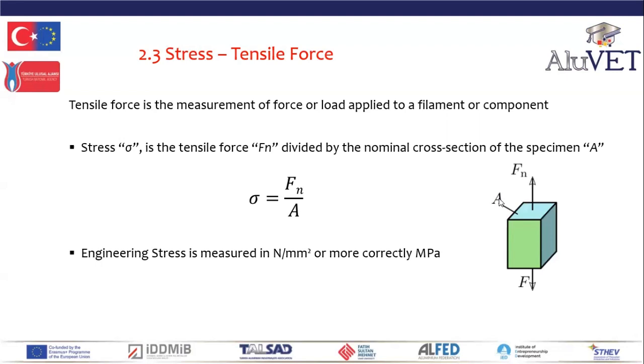If you know the yield stress of a component and multiply the value by the cross-sectional area of that component, this gives us the force that is required for that component to yield. So tensile stress is the applied force divided by the cross-sectional area, the force being in newtons divided by square millimeters, and that gives us stress, and stress is measured in megapascals.